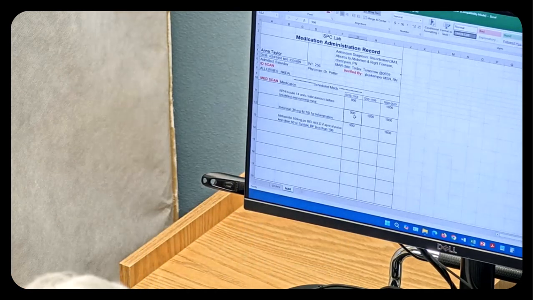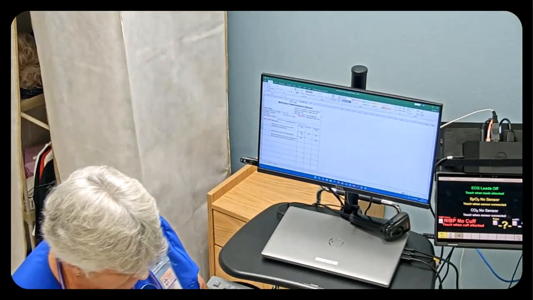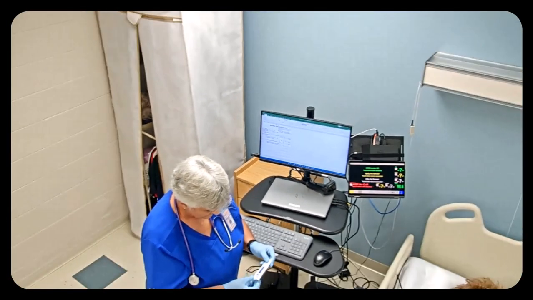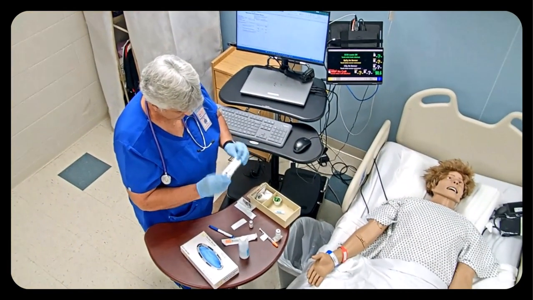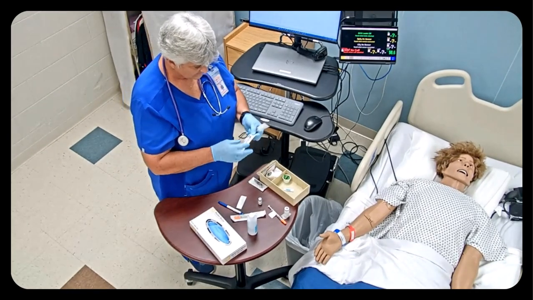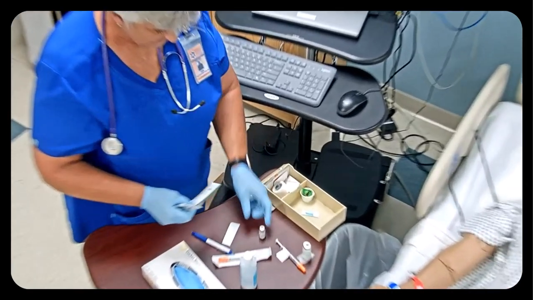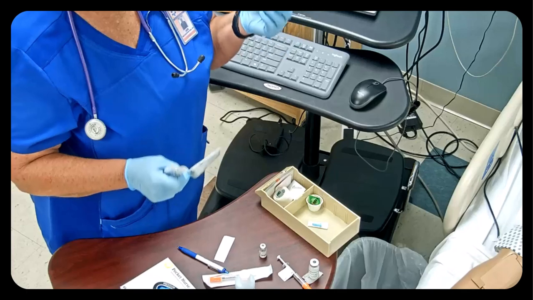So I need to get my syringe, and again I've checked the intactness of my syringe. I've checked for the sterility, okay, and this is expiration date of 2027. This one doesn't have a needle attached, so I need to make sure I have a needle that I can draw up with, and then I have a needle that I'm going to actually give with.